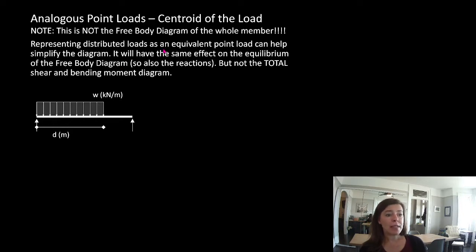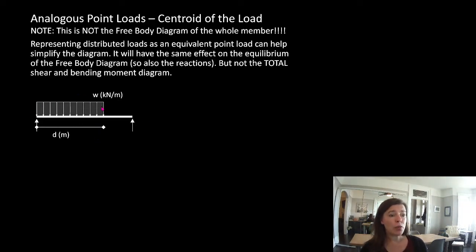So, representing distributed loads as an equivalent point load can help simplify the diagram. It will have the same effect on the equilibrium of the free body diagram, so also the reactions, but not the total shear and bending moment diagrams of the individual sections that we do. So we can use an analogous point load temporarily to help us solve for reactions of whatever section we're cutting.